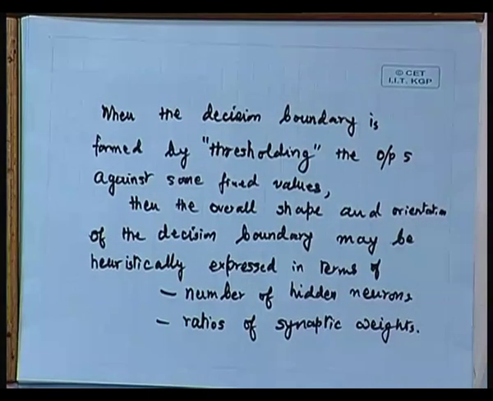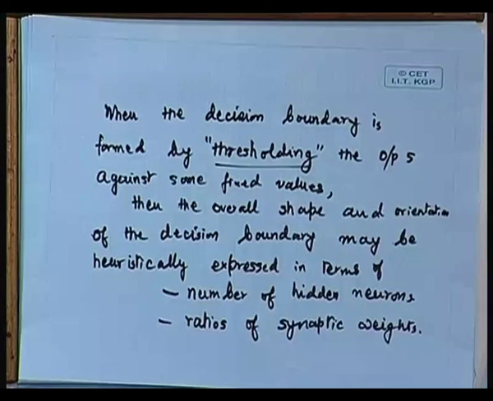Followed what I mean? When you use such thresholding schemes, it is a question of just expressing the decision boundary, where instead of expressing it as a simple Bayesian rule, you can express it in terms of the number of hidden layers and ratios of the synaptic weights, the heuristic approach to that.